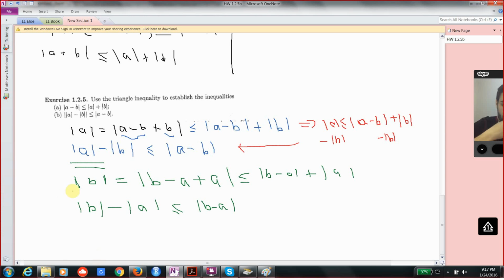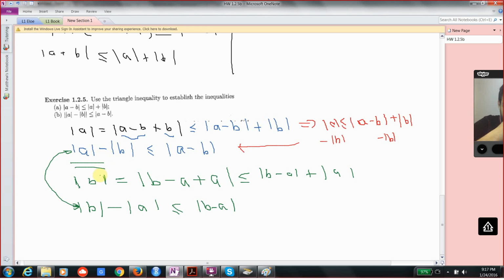Notice that one of these quantities is negative. Well, let's put it like this. They could both be equal, could be 0, but let's suppose that the absolute value of A is not equal to the absolute value of B. So one of these is positive and one of these is negative, right?